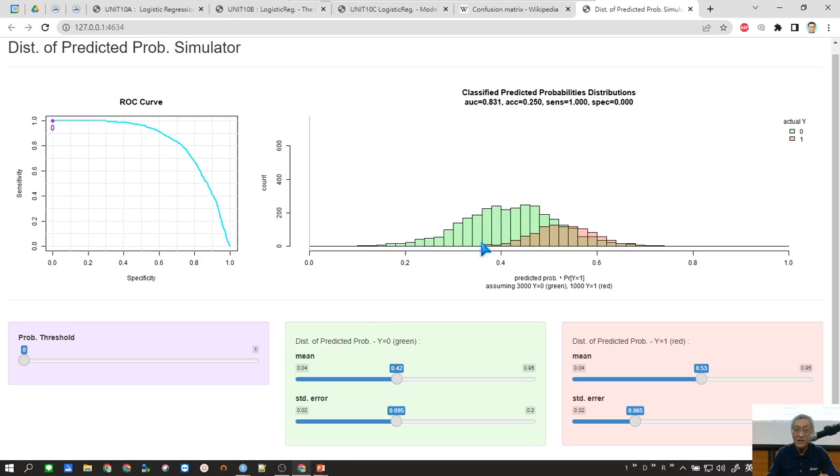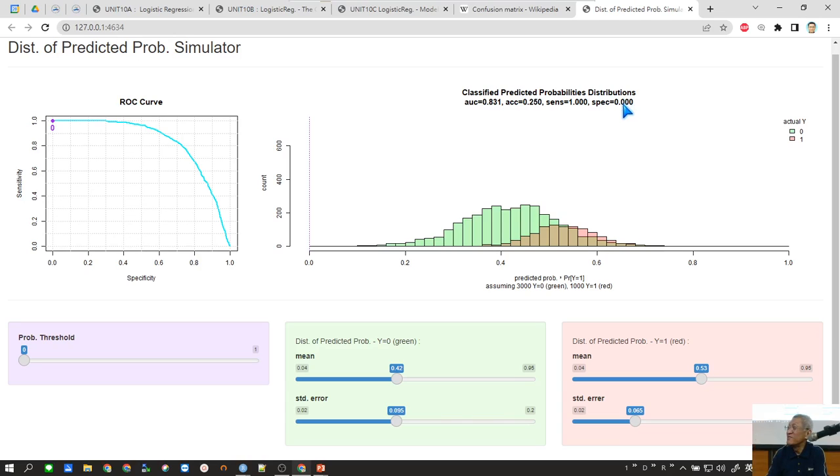actually I can see that, because if I set the threshold to 0, I will predict all of the points as 1, right? So if I predict all of the points as 1, my sensitivity would always be 1, right? And the specificity is always 0.